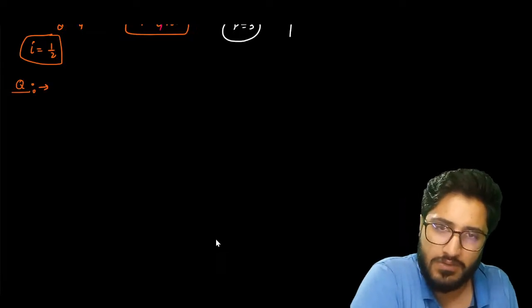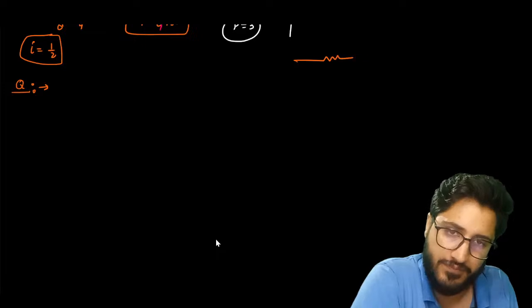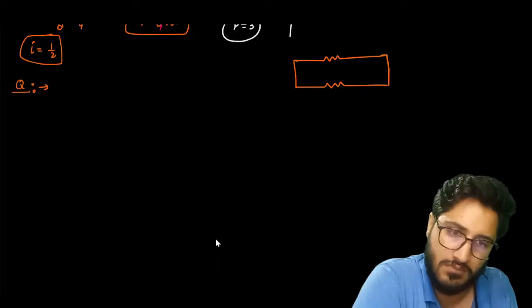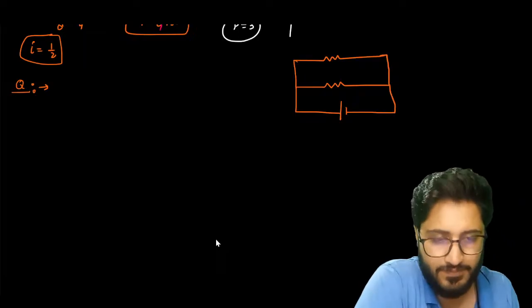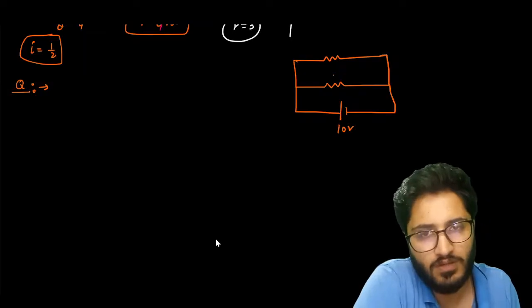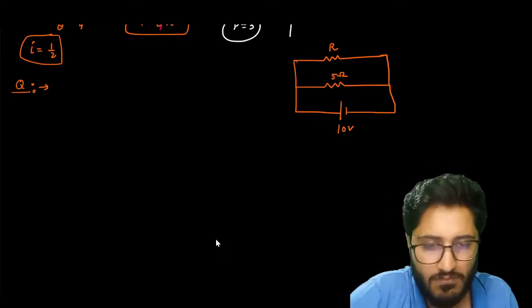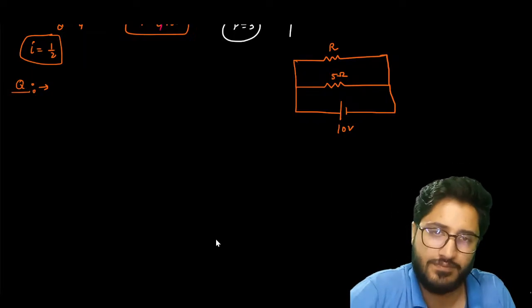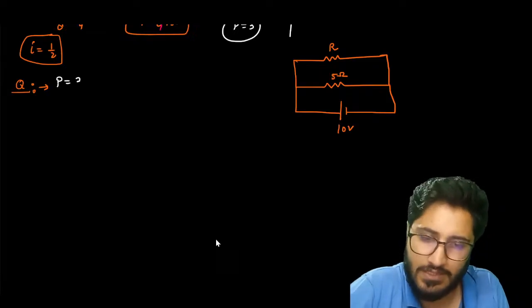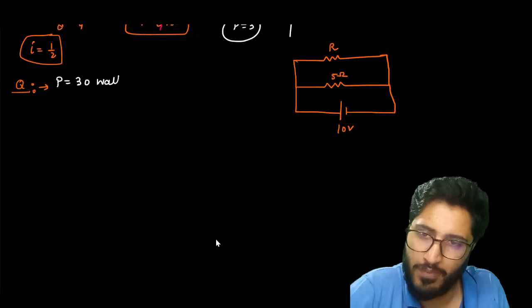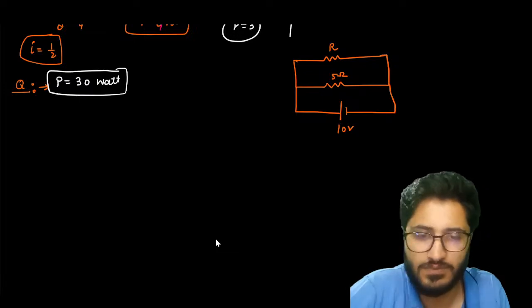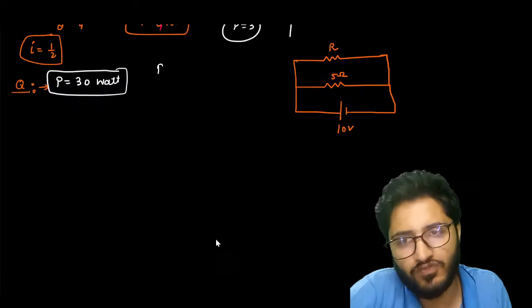We have a system like this. 10 volt, 5 ohm, then R. Power is given to us, that is 30 watt. Power of the system is given as 30 watt. Done? What will be the value of R?